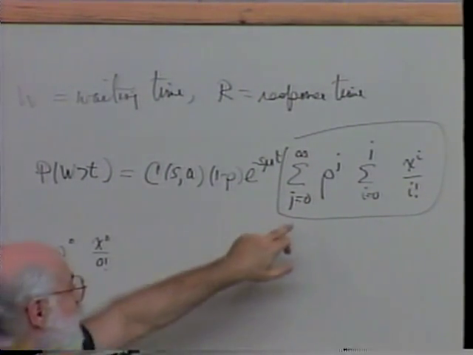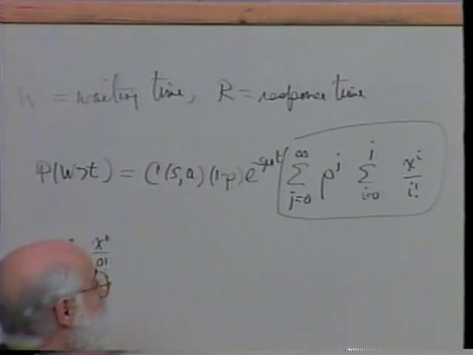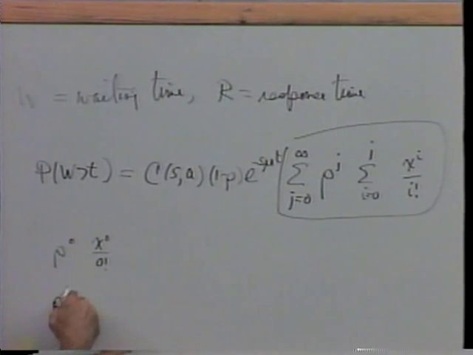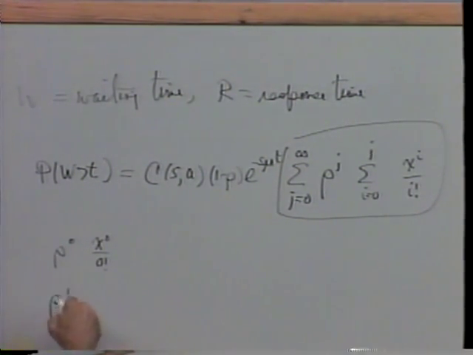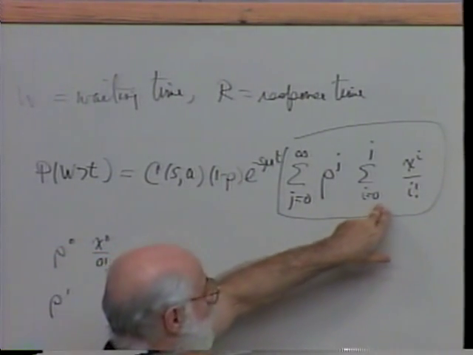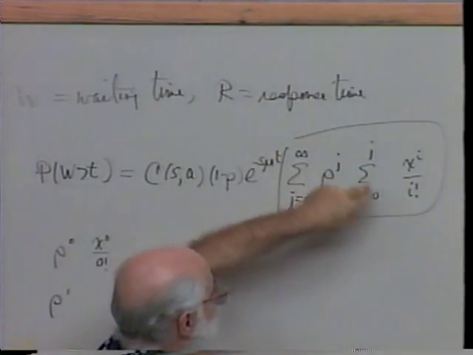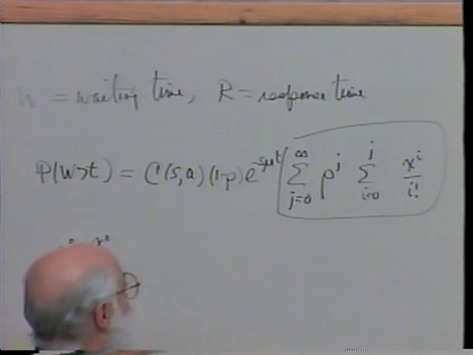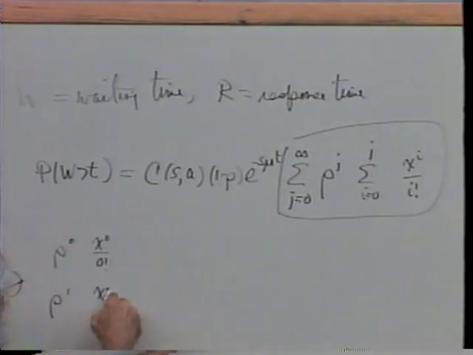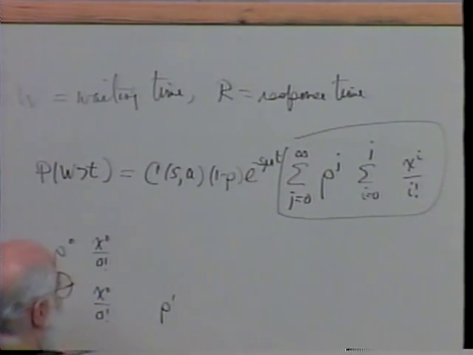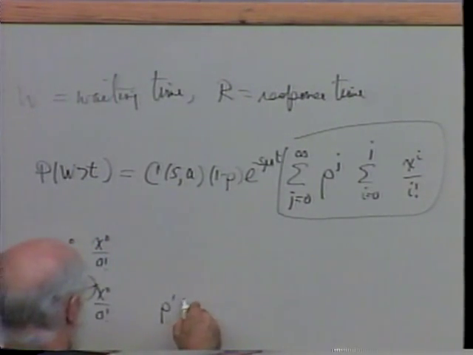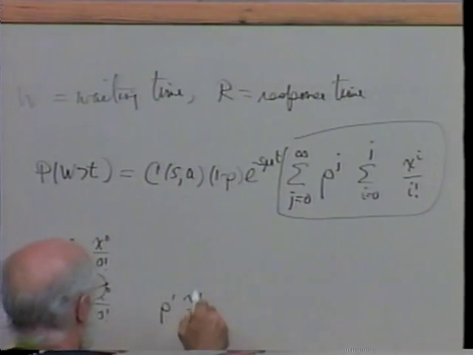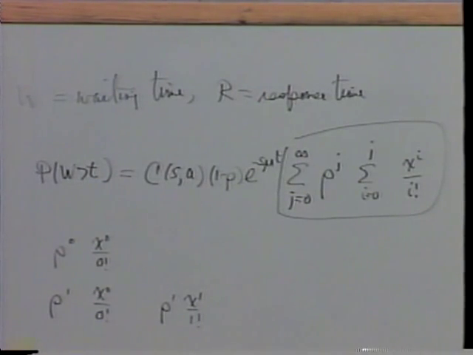That's the term when j is equal to 1, I'm going to get rho to the 1, and then I have in here two terms. When i is equal to 0, I get x to the 0 over 0 factorial. And then the next term is rho to the 1, and now with i equal to 1, I get x to the 1 over 1 factorial. Now it's obvious how the pattern's going to go.